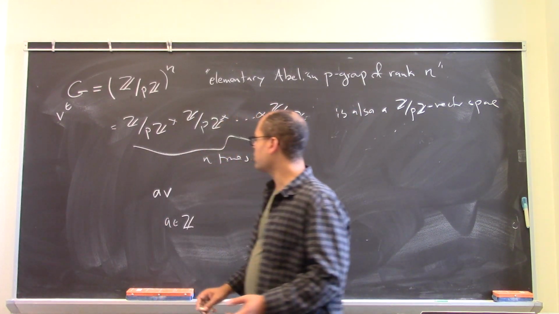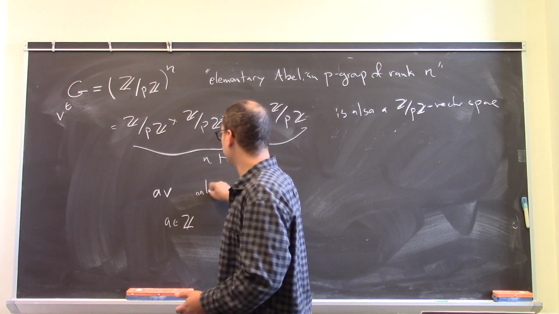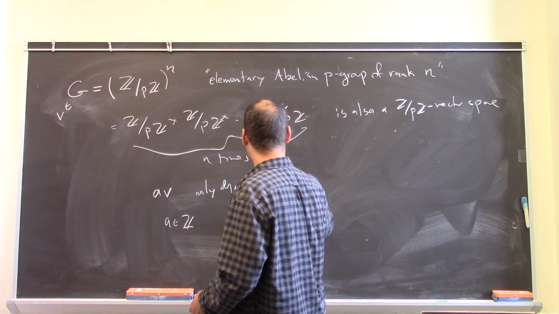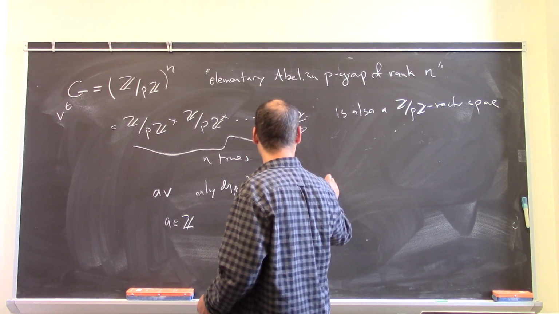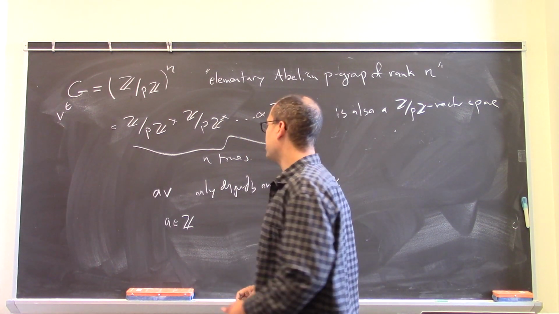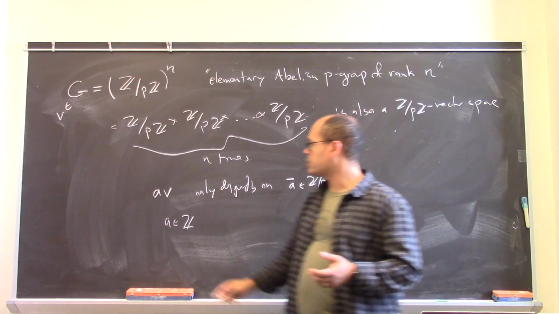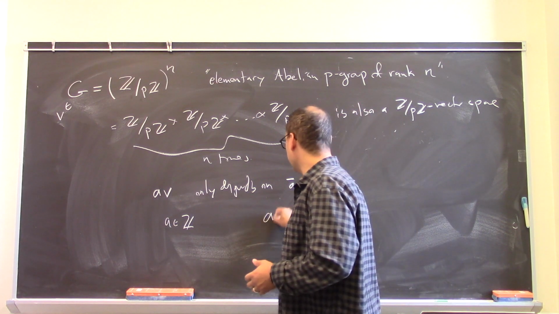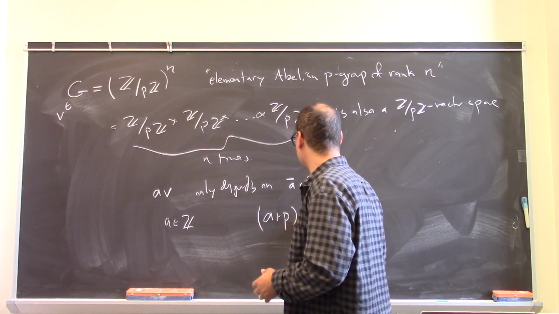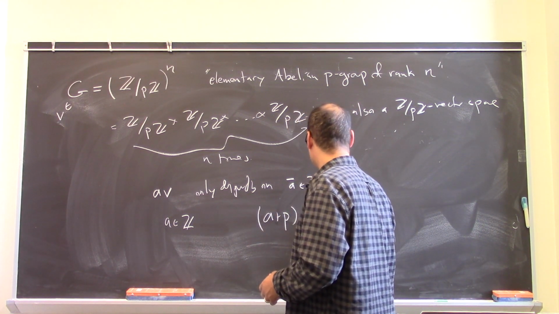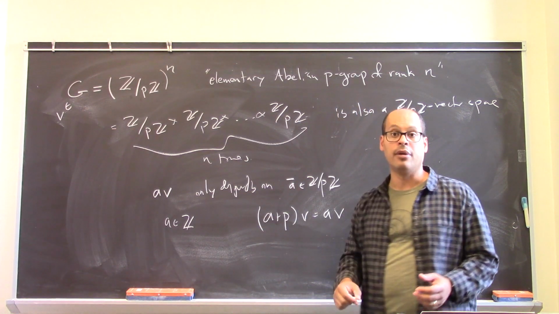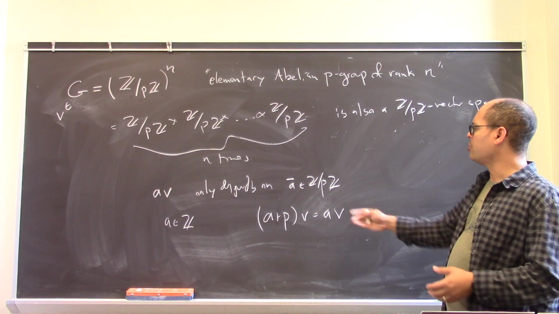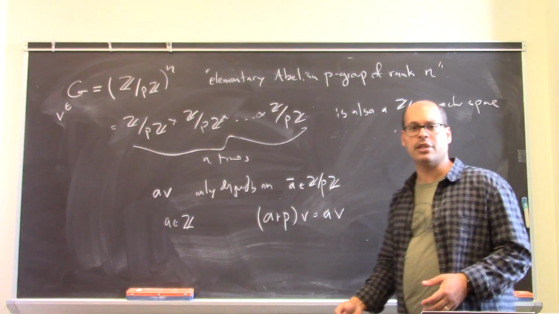But you can see this only depends on the class of a mod p. Because if you were to multiply by p, everything has order p, that kills everything. And so a plus p times v is the same as av, because pv is 0. So it makes sense to multiply things in this group by classes in Z mod pZ.